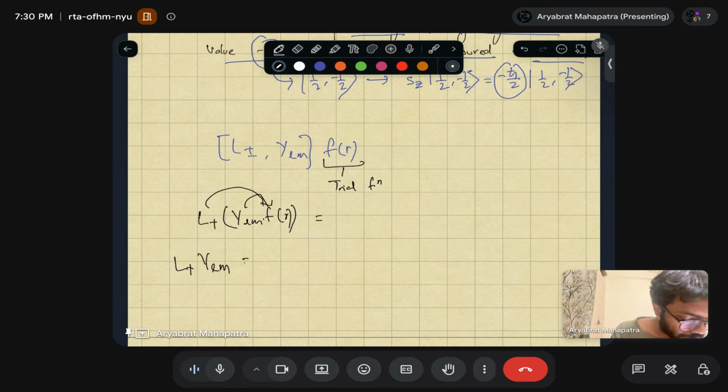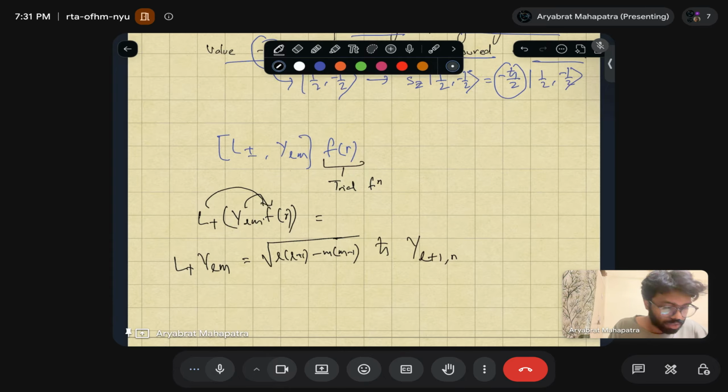I think you know that you will find some constant, something like the square root of L(L plus 1) minus m(m plus 1), I do not remember exactly, times h bar, and then it will give Y L, m plus 1, and then this whole thing will act on f of r.